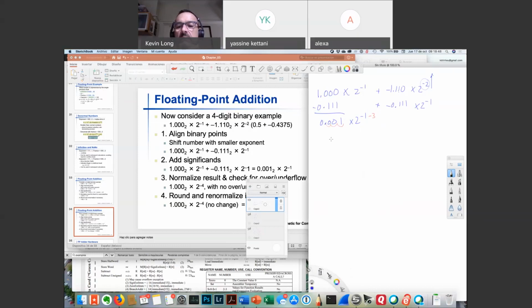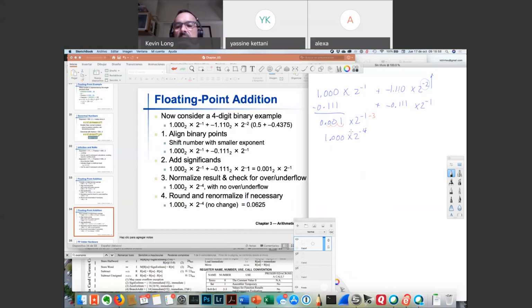And I will go back and write my number. There I have it. This did not result in overflow or underflow. I was able to represent it fine. No rounding is really necessary, and the exponent is within range, so I'm done.